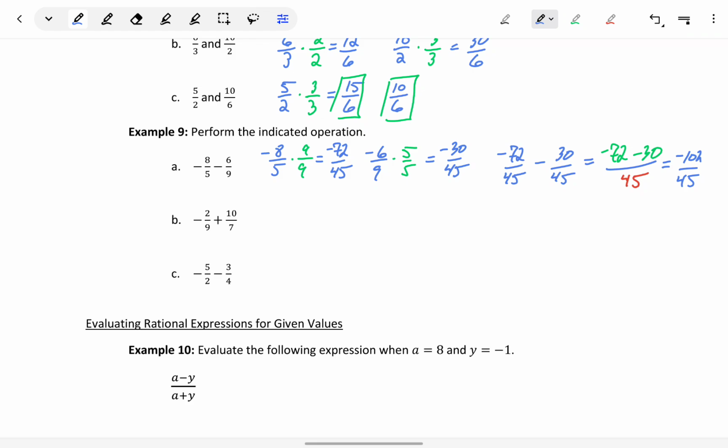Especially as we get into these longer, more multi-step problems, we need to make sure when we think we're at a final answer with a fraction-based problem, we need to check and see if those values can be reduced. In this case, both the numerator and denominator are divisible by 3, so our fraction in simplest form would actually become negative 34 over 15.